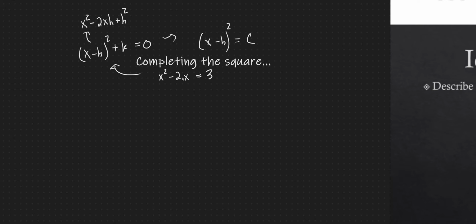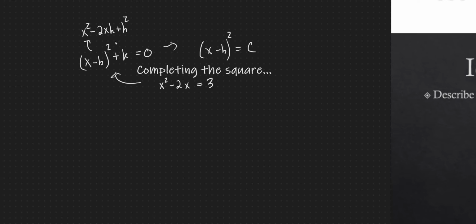I can notice here, generally I end up with 2 times xh. That tells me that my h should be 1. It should be half of this coefficient, 1. And when I square that, 1 squared, I just get 1.